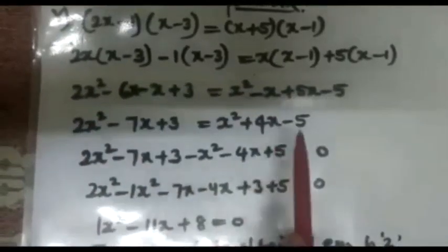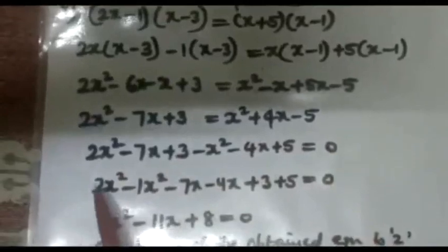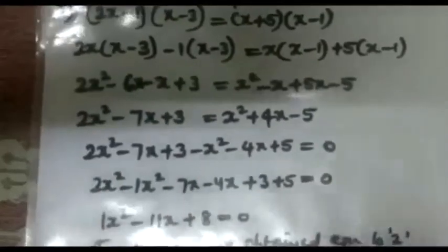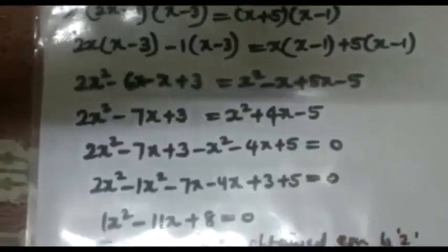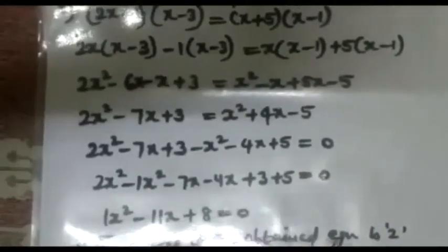Here I have transposed the right hand side to my left hand side, so 2 minus 1 is 1. Imagine if I had transposed this 2 there, I would have got minus 1. In that case also it would be a quadratic equation only, but the correct method is to keep your x square as positive. So this is the complete solution of your question number 1 5th bit.